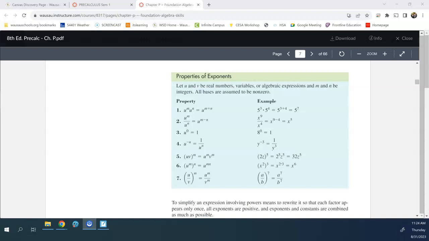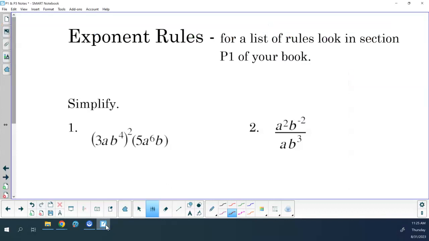Same exponent, just makes it positive. If we have multiple things to the power, everything gets taken to that power. Power to a power, multiply them. Okay? So exponent rules that you've seen before, let's utilize them now.